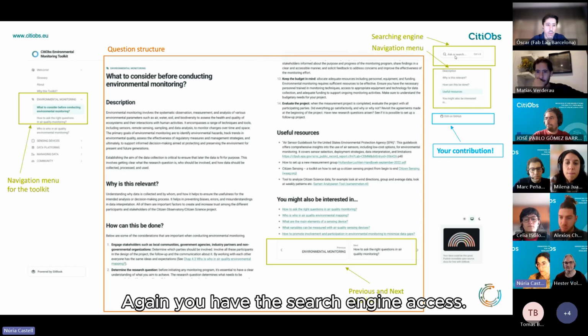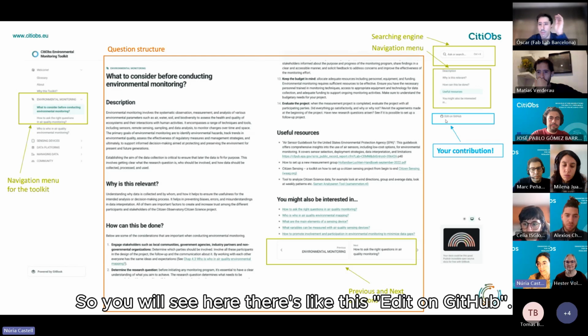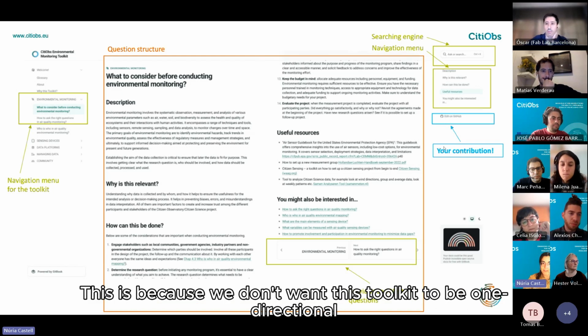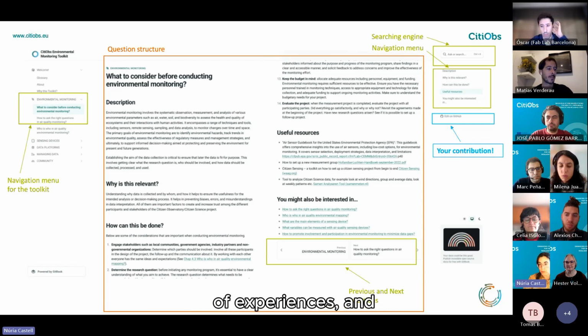Again, you have the search engine access. And I just want to look at these blue sides, where your contribution is. So you will see here there's this edit on GitHub. This is because we don't want this toolkit to be one directional. We want to be bidirectional, because we are working together with you, as you have lots of experiences.